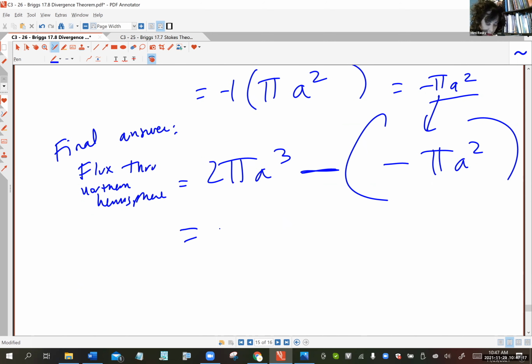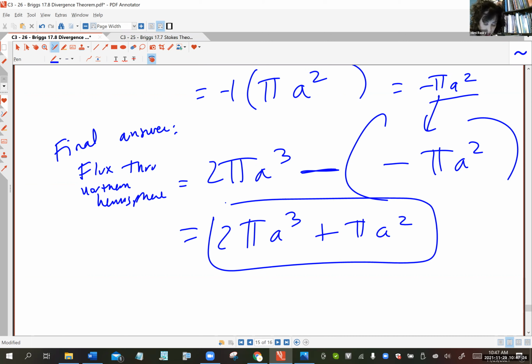So a minus minus is a plus. Our final answer, I know this is kind of weird, but this is the exact answer. And this is positive, so it would be a source. The total flux through the northern hemisphere only is 2 pi a cubed plus pi a squared. And we're done with that example.